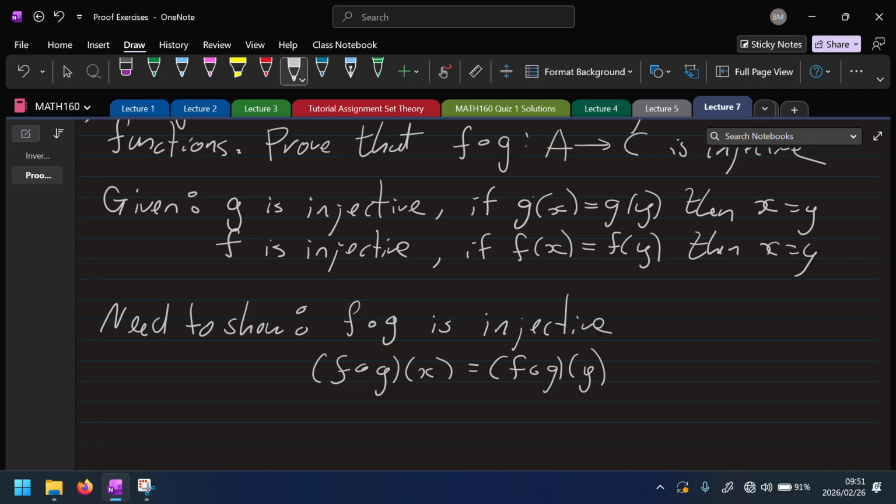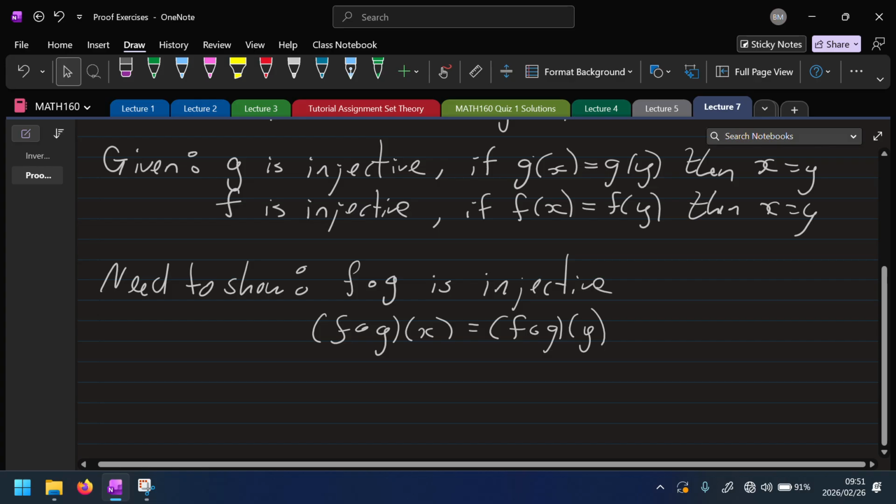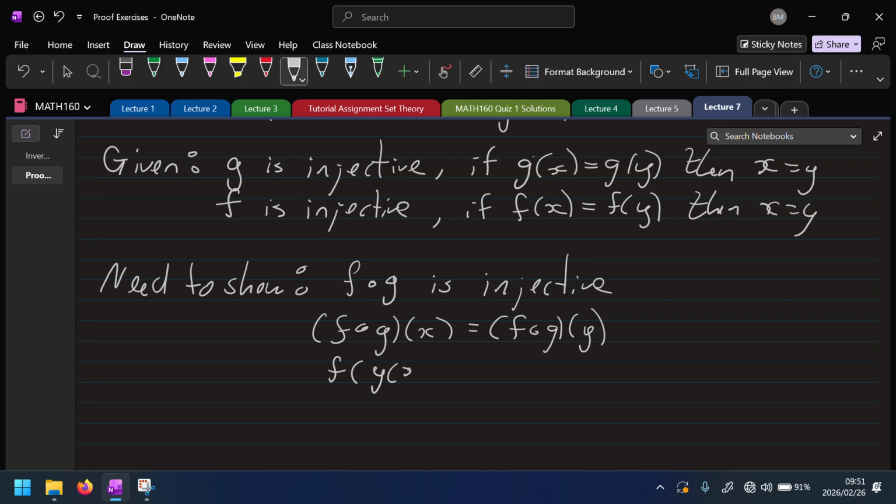This symbol here means F of G of Y, and this is F of G of X. There's no harm in saying it out loud, so you get the idea. You see how I said it and wrote it? F of G of X, F of G of Y.